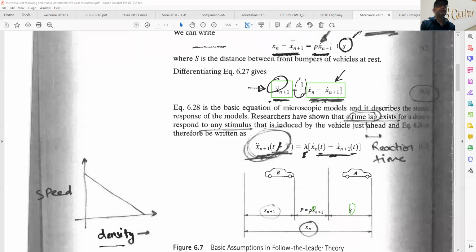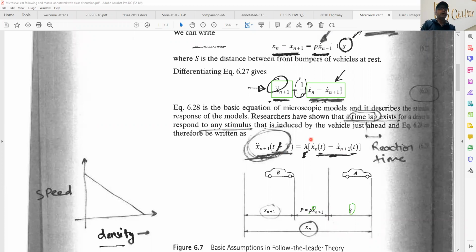At the same time, if this expression is negative, that means the follower has higher speed, and at that point the follower might have to decelerate so that they don't bump into the leading car.